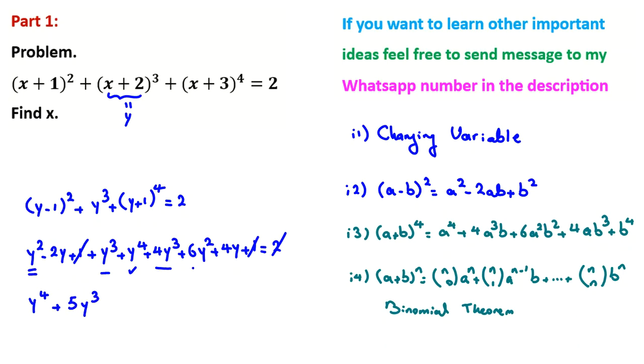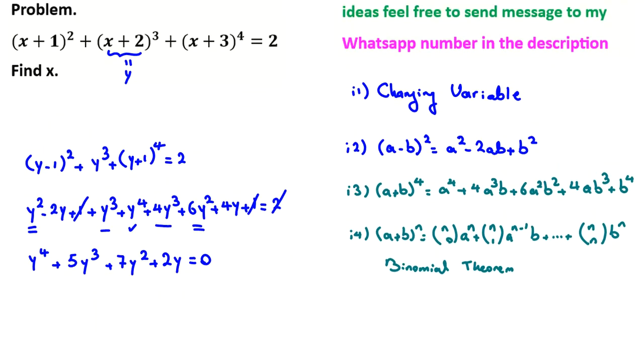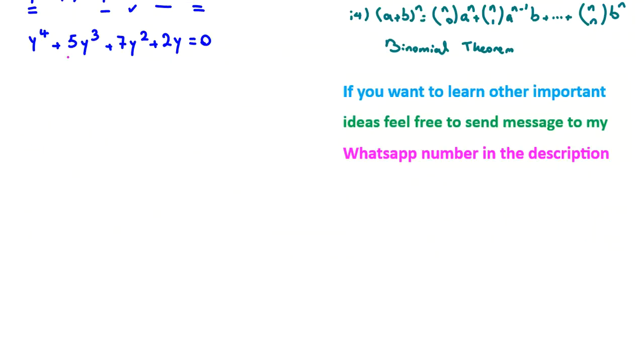For y squared, plus 6y squared plus 7y squared, minus 2y plus 4y plus 2y equals 0. In this step we can factorize. We can factor out y, and it will be y times (y cubed plus 5y squared plus 7y plus 2) equals 0.